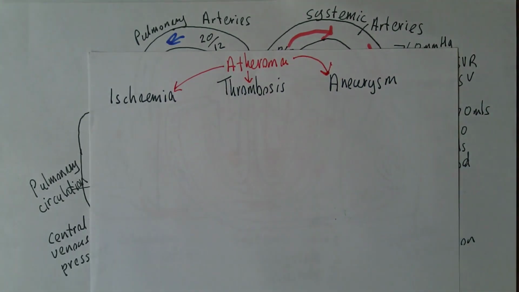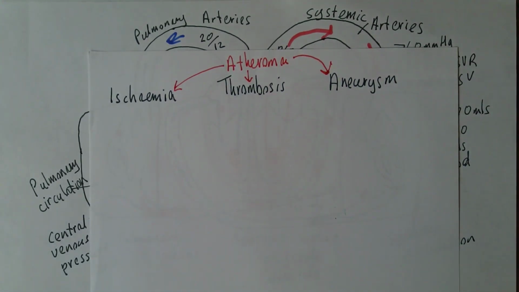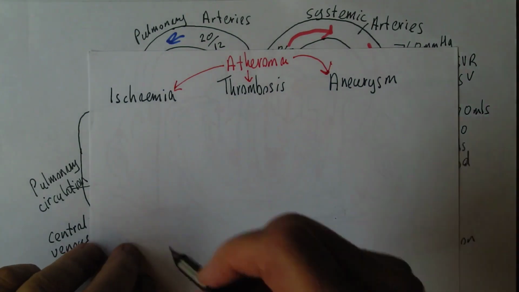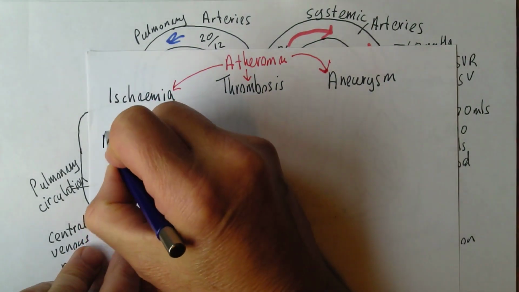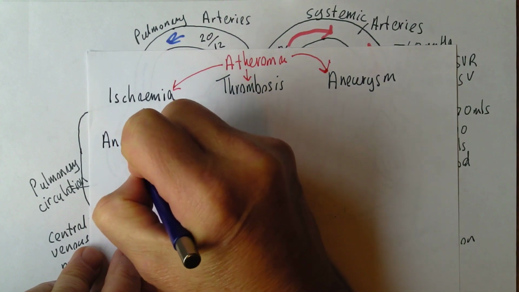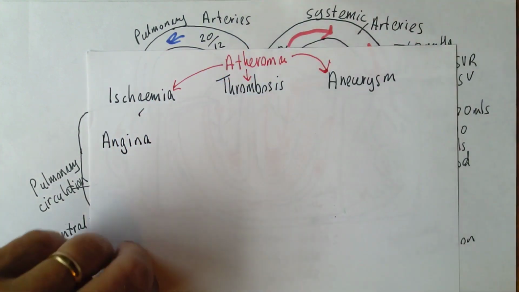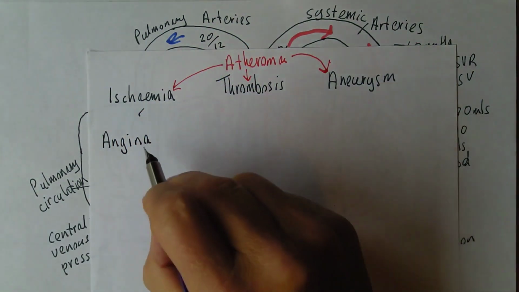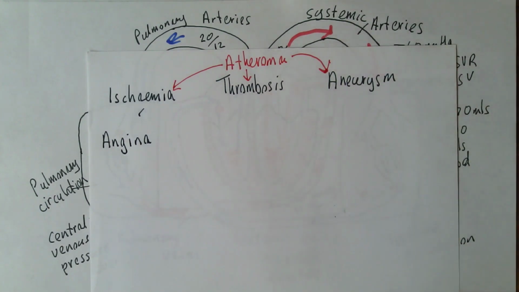And these cause a lot of conditions which we are unfortunately only too familiar with. Ischemia can lead to angina, angina pectoris. This is caused by myocardial ischemia.